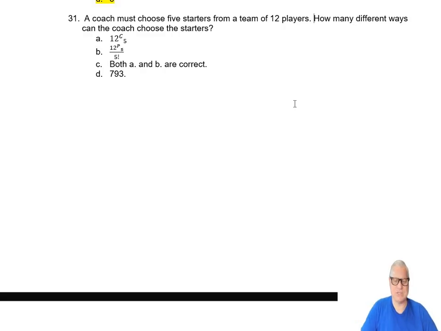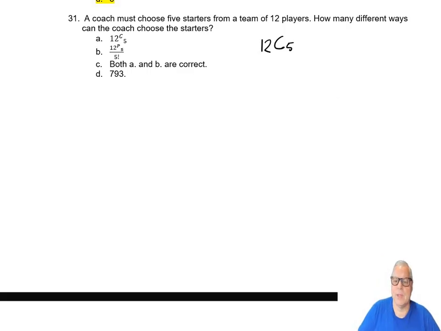It seems that there is really no particular order in that. So the correct answer is that we have to choose from 12, combinations of 5. So that is 12C5, so that is correct.